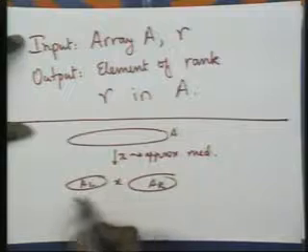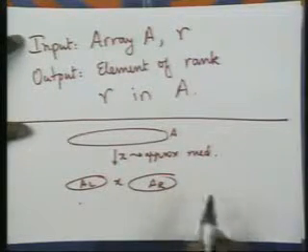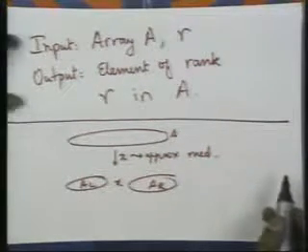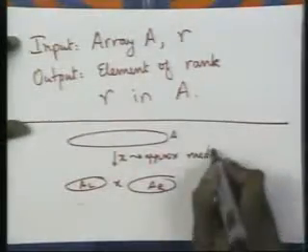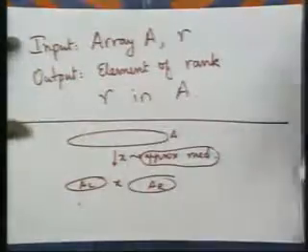If R is greater than size of AL plus x, I recurse on AR. That's it. That's the algorithm. So as long as I can find the approximate median, I can find an element of any rank. By this divide and conquer scheme, you can write down the recurrence relation and see that if you can find this approximate median in linear time, then you can find an element of any rank in linear time. So how do we find the approximate median?